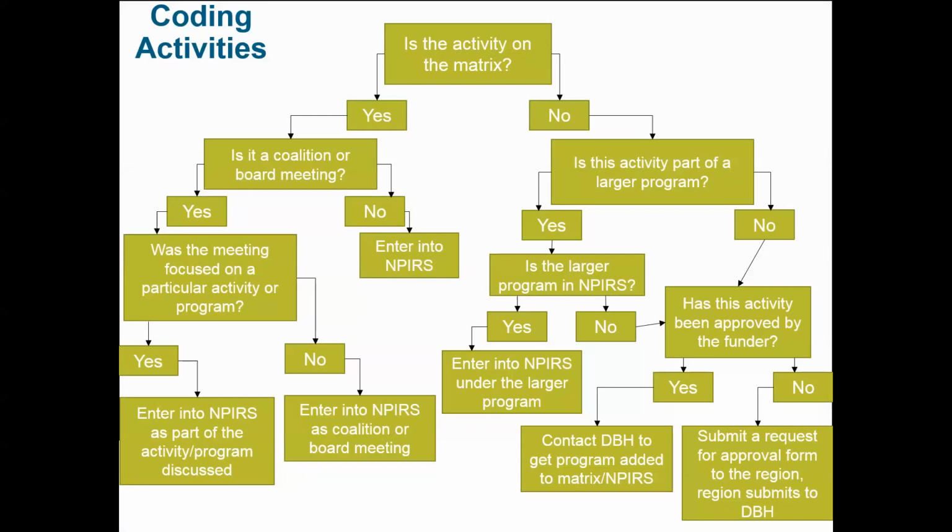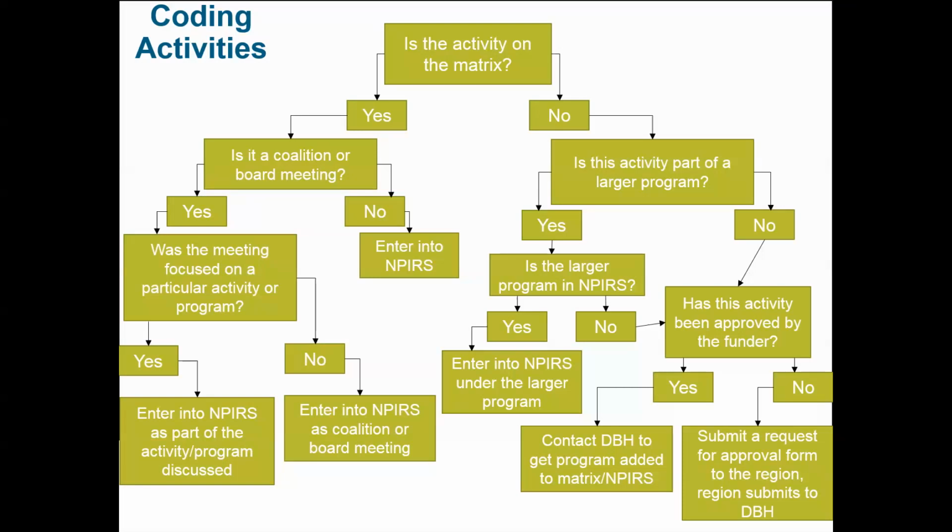I mentioned the request for approval form before. This is an overwhelmingly complicated slide that I don't expect you to memorize, but it does exist for your benefit and has been sent out to help you understand what to do in the event that you have never used NPIRS before and you need help entering activities, or you don't find the activity that you're doing on the matrix of activities.